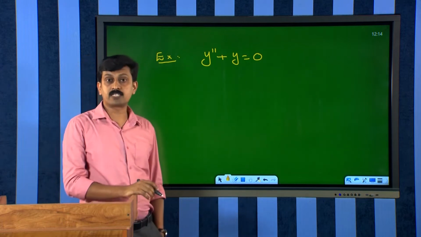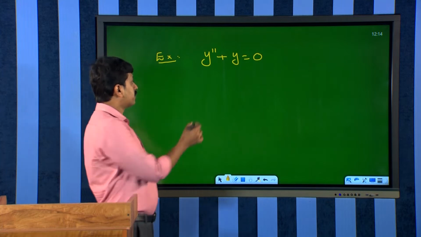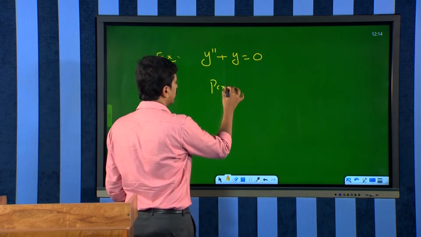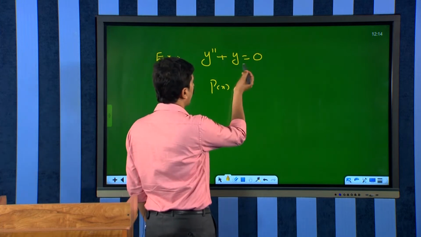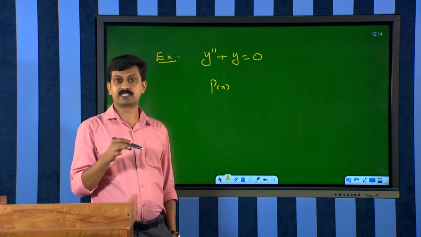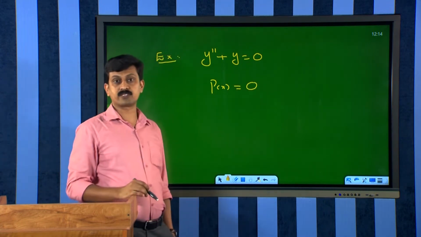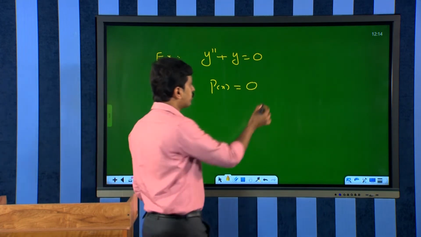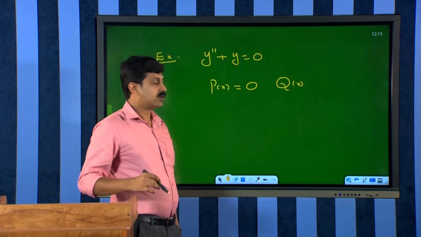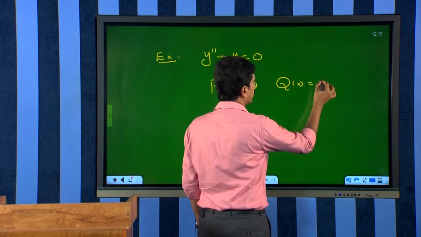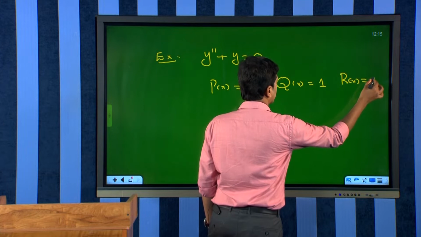In this case, the capital P of x is the coefficient of y dash, which is not here, therefore p of x is equal to 0, and q of x, the coefficient of y, is equal to 1, and finally r of x is equal to 0.